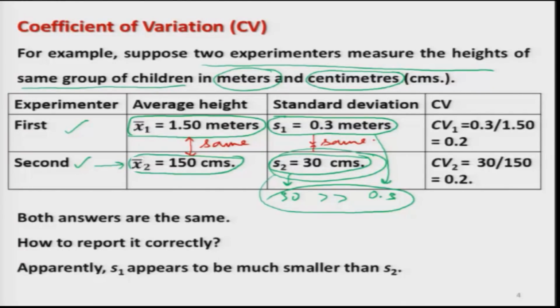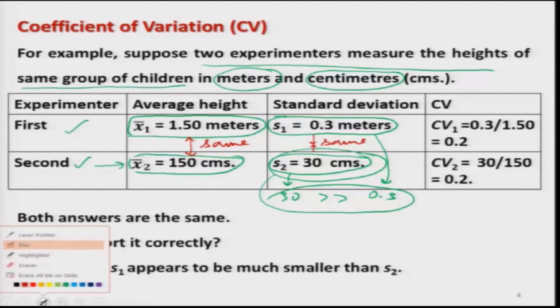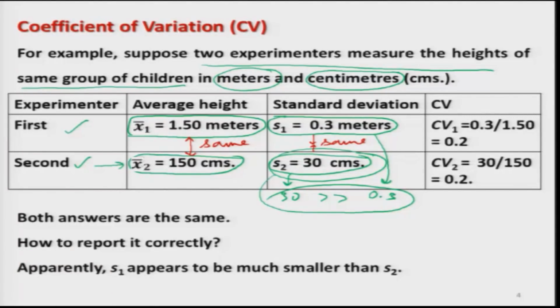So, now in this case, how to report it or how to identify it, that is the question. In this case, the coefficient of variation comes to our help and rescue. If I find out the value of coefficient of variation in both the cases, then in the first case it comes out to be standard deviation divided by mean, which is 0.3 divided by 1.5, and this comes out to be 0.2.